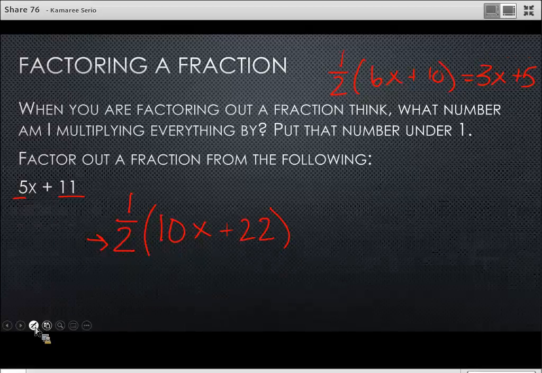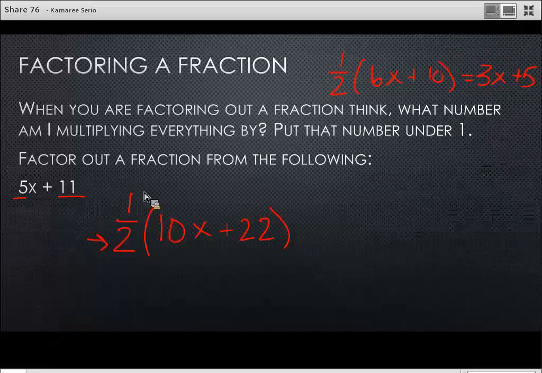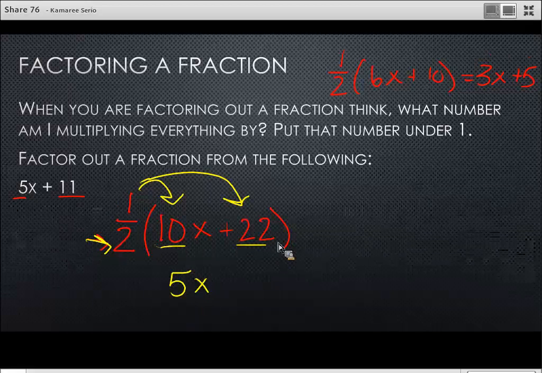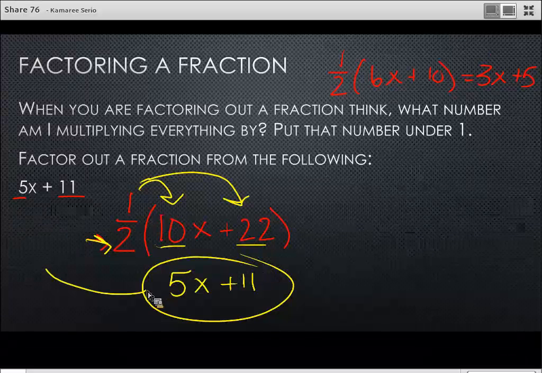Now again, you can double check it if you wanted to, right, by distributing your 1/2. Remember, when you distribute a fraction, you're dividing your numbers inside by the denominator, which here is 2. So 10 divided by 2 is 5x. 22 divided by 2 is 11. So again, we get the same thing.